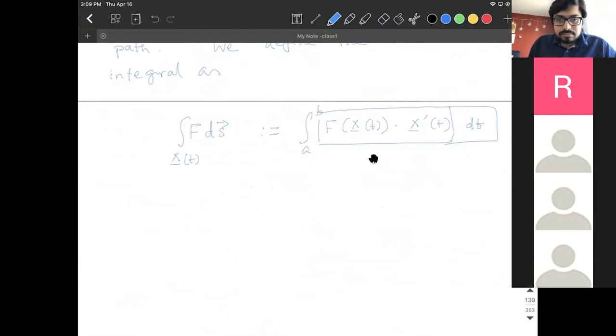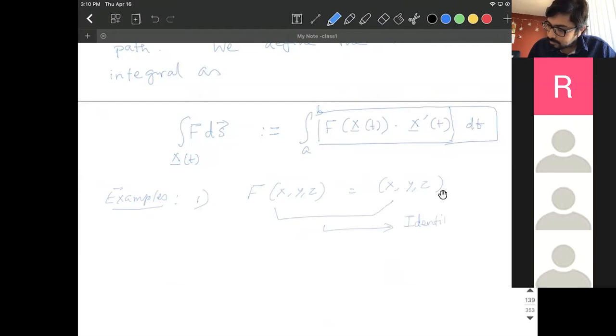Okay, so once the definition is clear, then we can do some simple examples. In this first case, a very simple one, this is called the identity vector field.